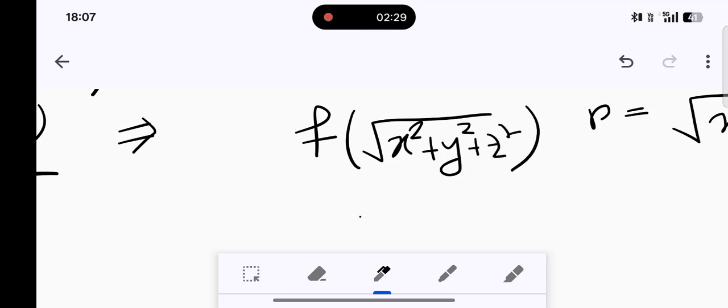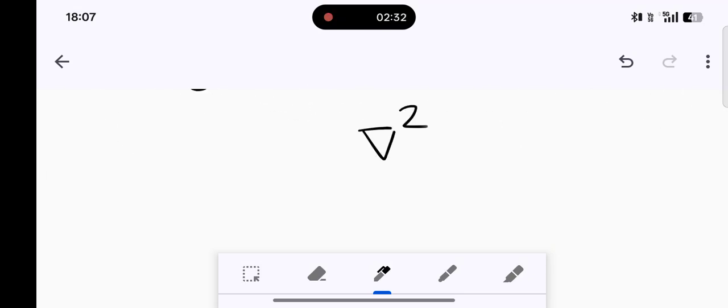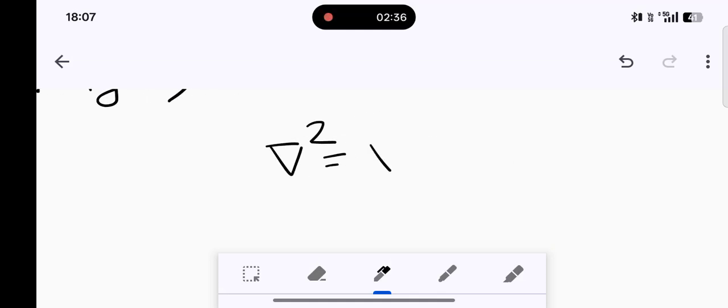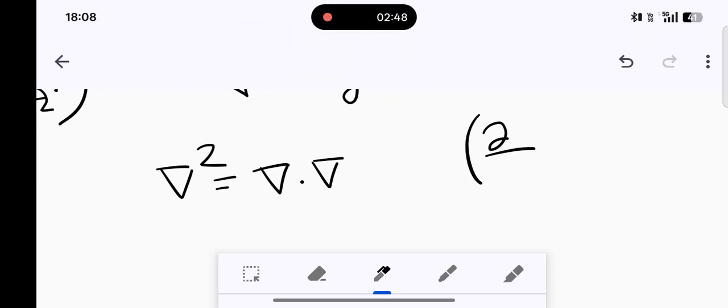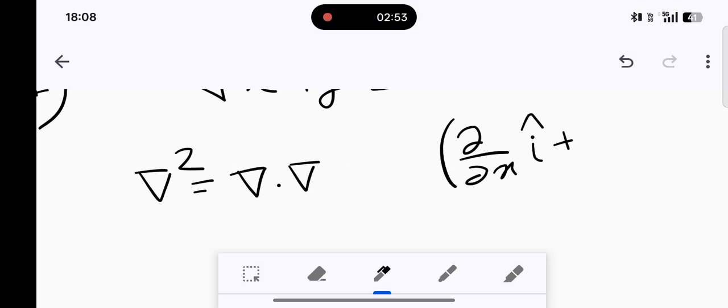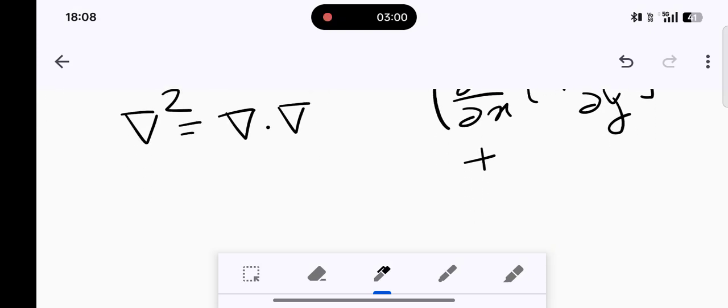Now the thing is del square. What is del square? It is the Laplacian operator. The important thing is that del square is actually nothing but del dot del. And you know the value of del: del by del x i cap plus del by del y j cap plus del by del z k cap.